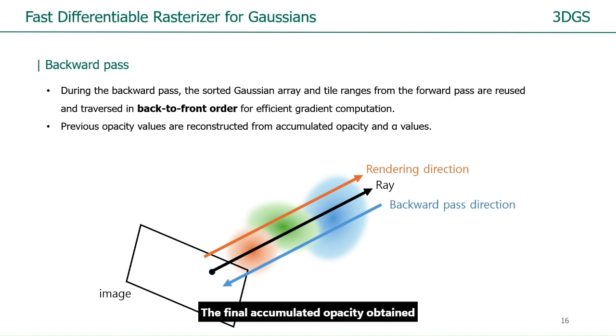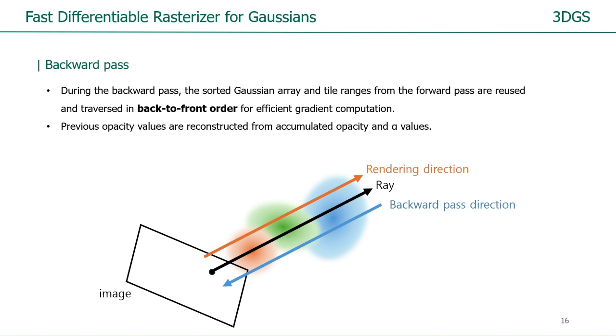The final accumulated opacity obtained at the end of the forward pass is stored, and the opacity of each previous stage is recursively reconstructed using the alpha values of Gaussians in reverse order, enabling the computation of gradient coefficients.